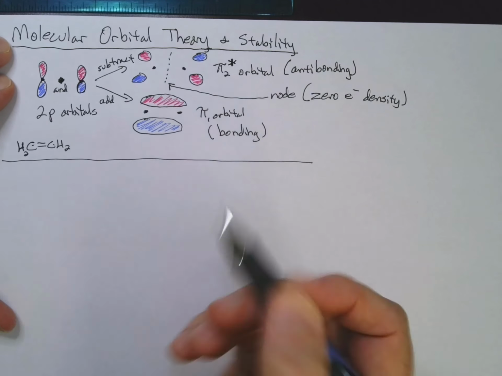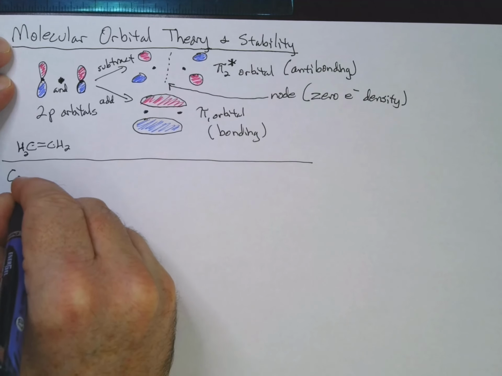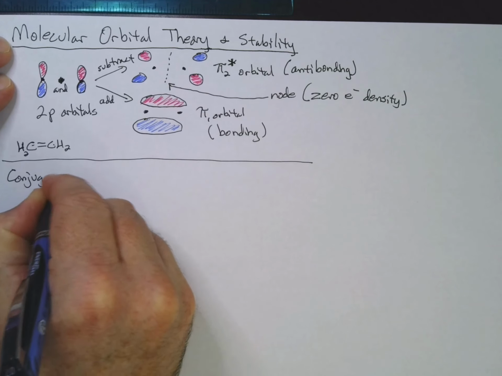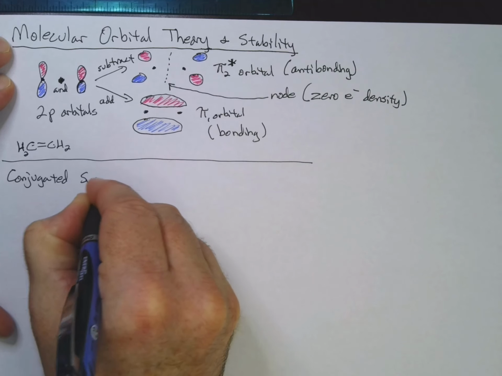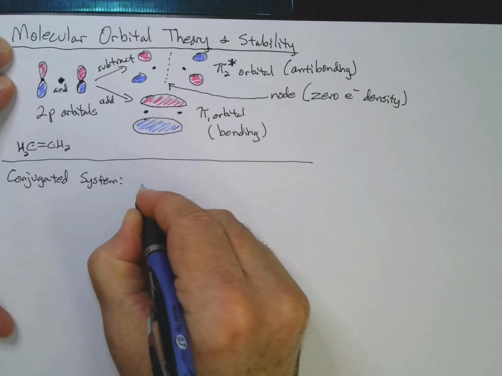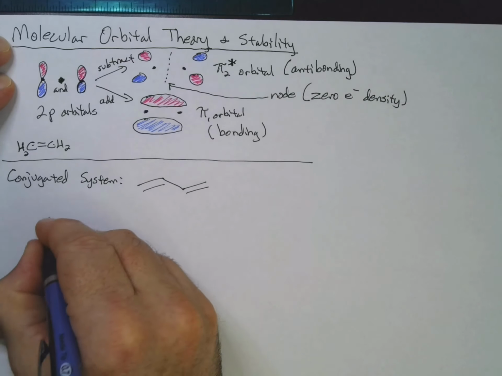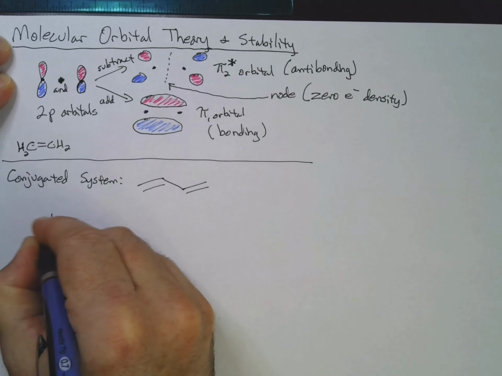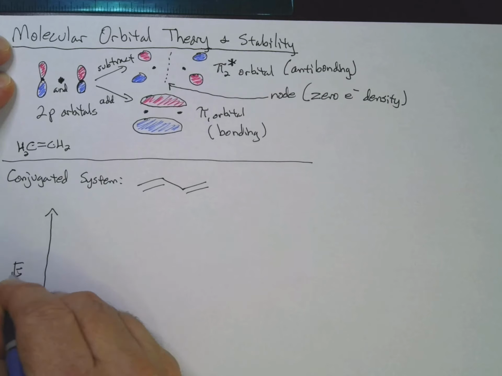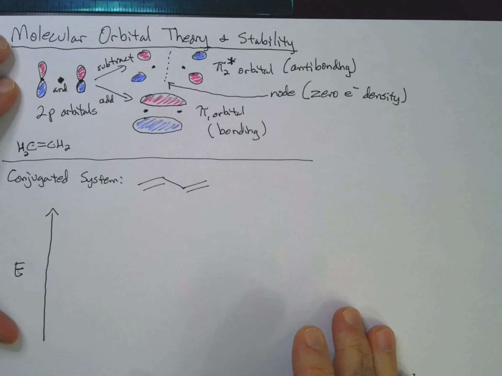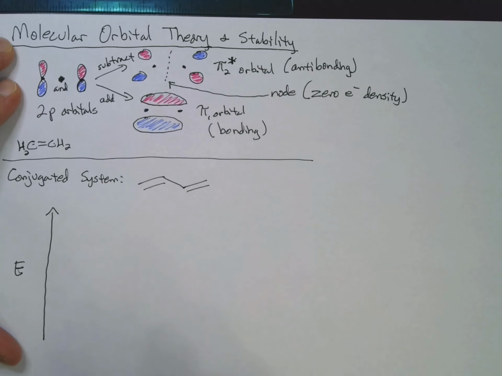All right, so now for the conjugated system. Well, what do we have? So I'm going to go ahead and put an energy axis here on the y-axis.